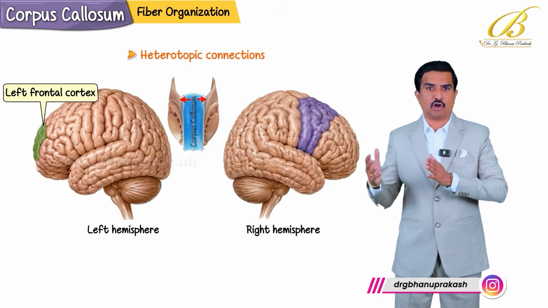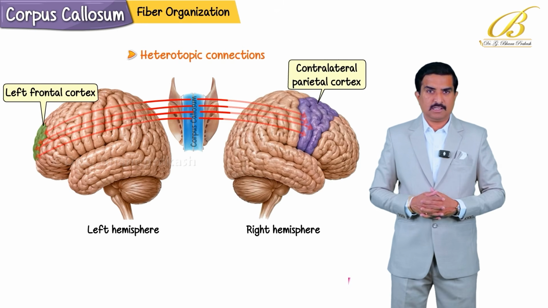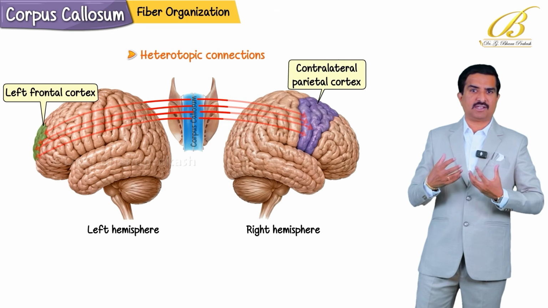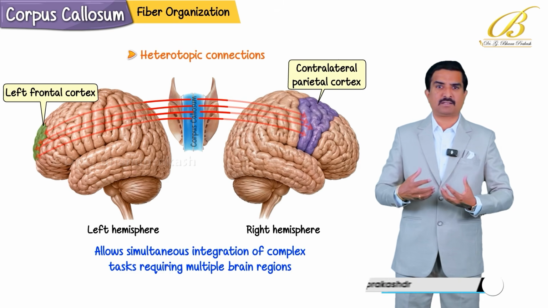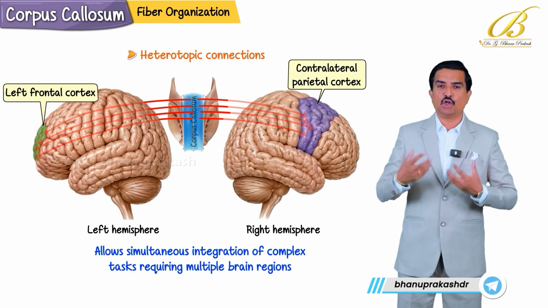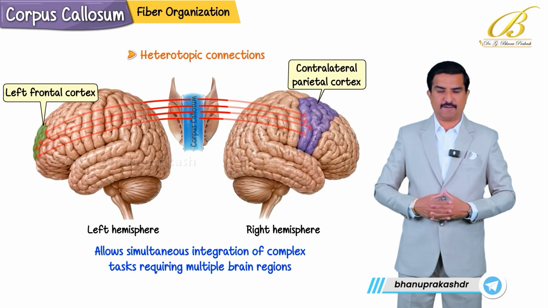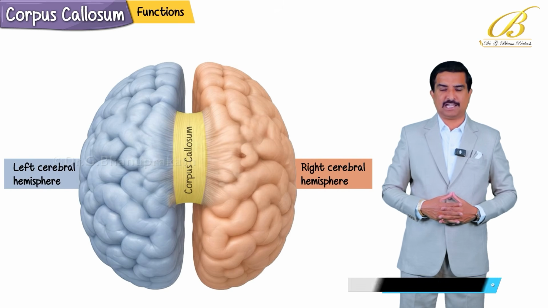For example, the frontal cortex is connected to the contralateral parietal cortex. So this fiber organization allows the simultaneous integration of complex tasks requiring multiple brain regions to work in a coordinated fashion.